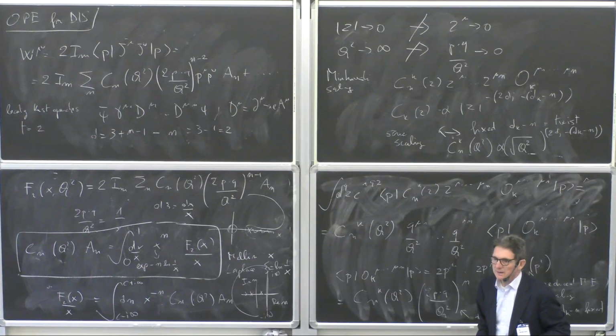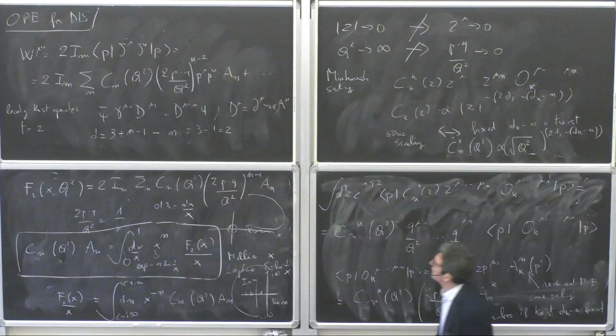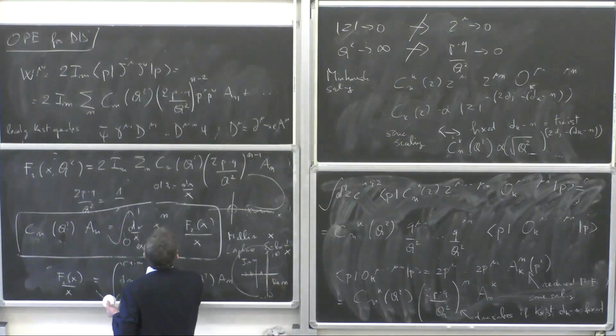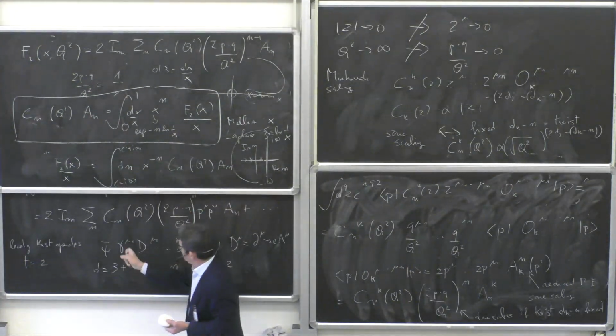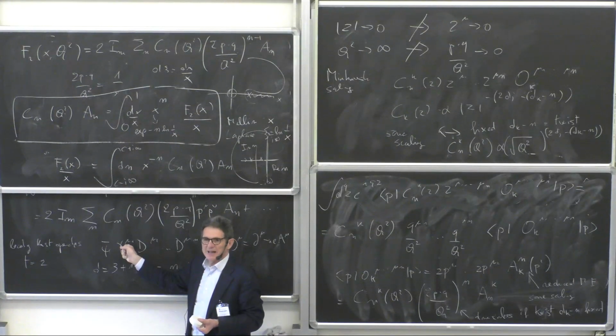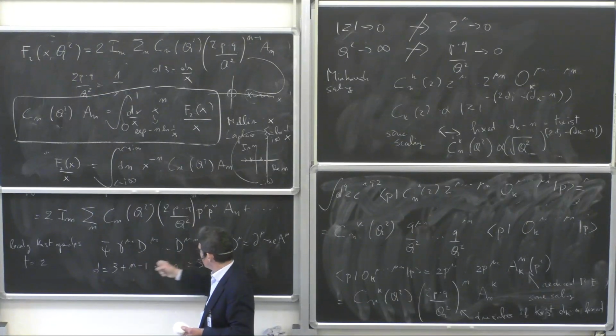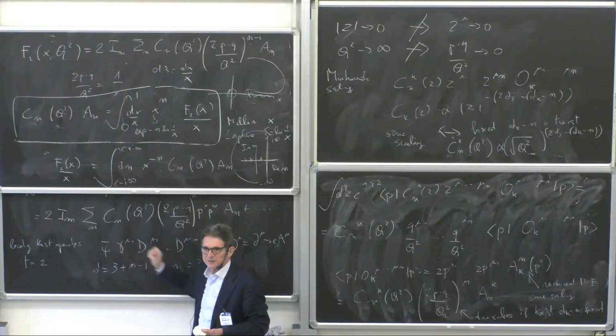Yes. Here it is n minus 1 because one of the tensor indices is carried by the gamma. Gamma is dimensionless. So the minus 1 is because all these are dimensionful, but the gamma is dimensionless.